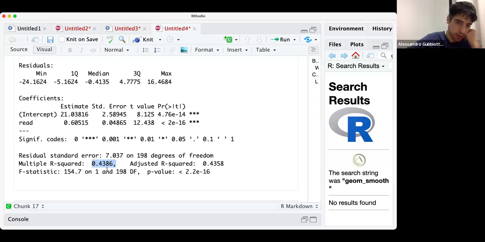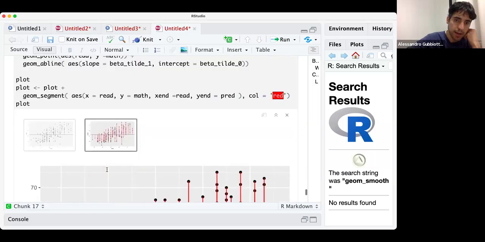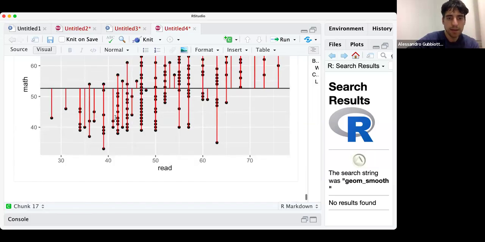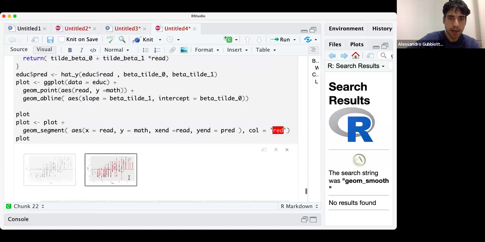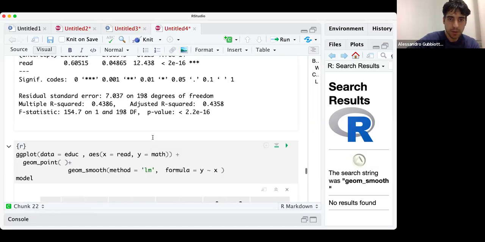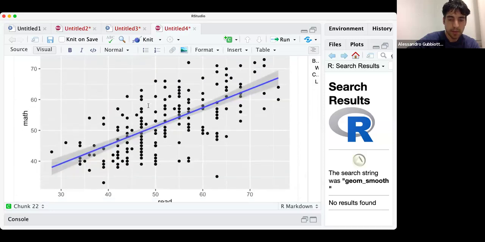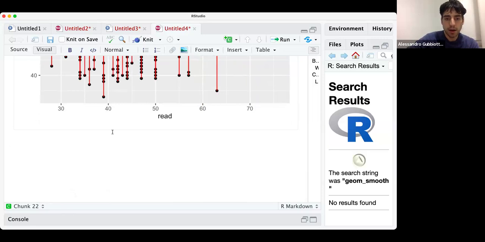And what is actually this one? Well, it is the residuals. So let's take these residuals and compute the sum of the squares. So we can compare them.